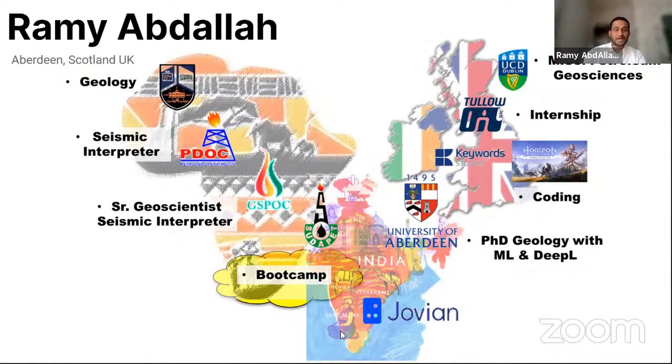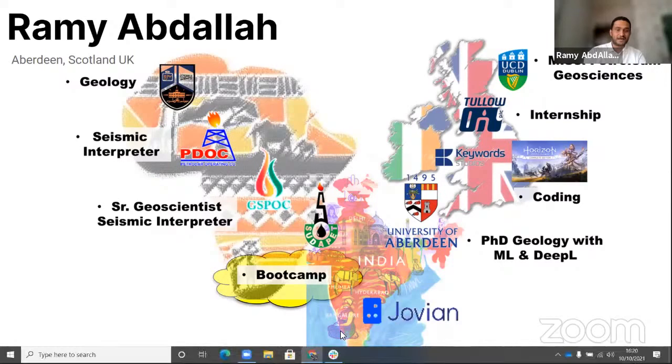When I wanted to learn about deep learning, I came across Jovian, and I did the Zero to GANs course, and later I joined the bootcamp. In this presentation, I'm going to show you some of the projects and work I have been doing over the last 6 months with Jovian.